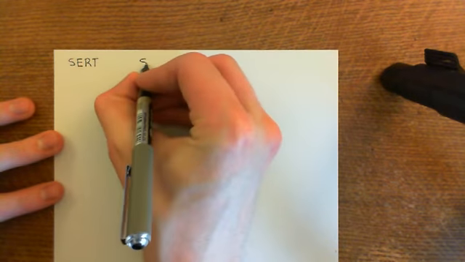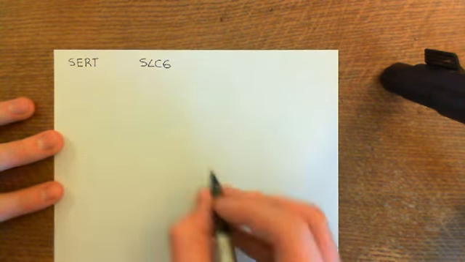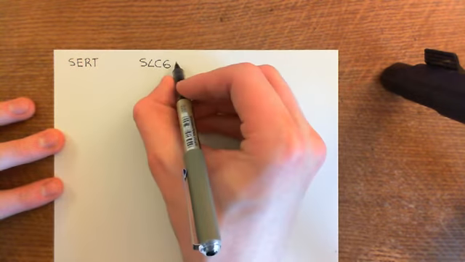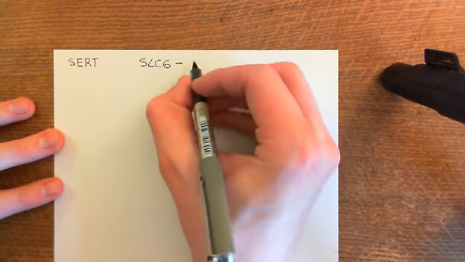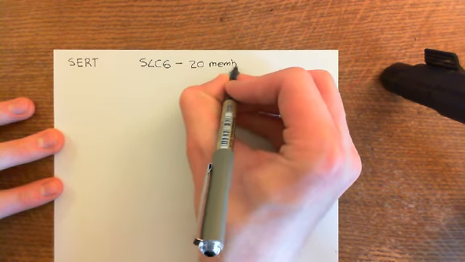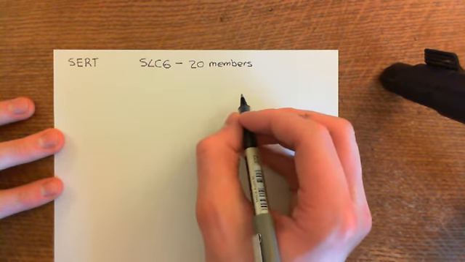It's in the family of solute carrier proteins, family number 6, so it's in the SLC6 family. In the SLC6 family, you have 20 members. So it's not a small family of solute carrier transporters, it's a big family, bigger than SLC18 was anyway.